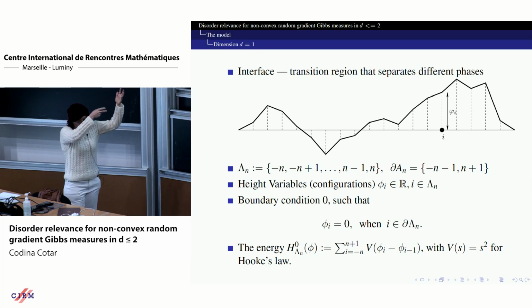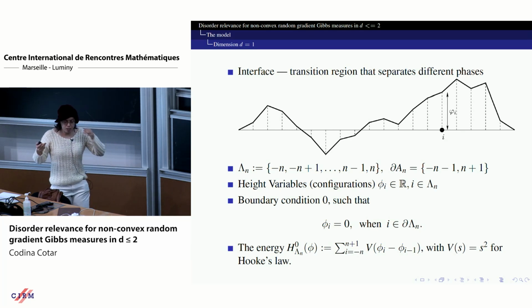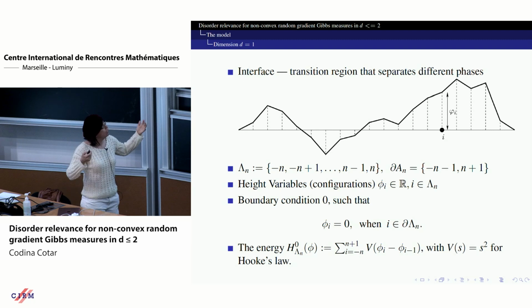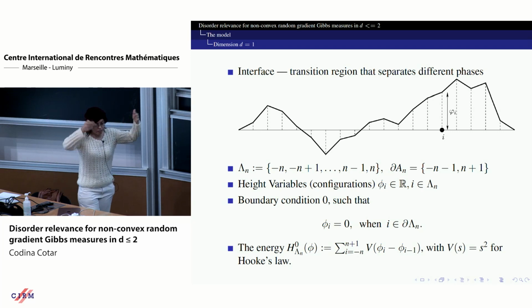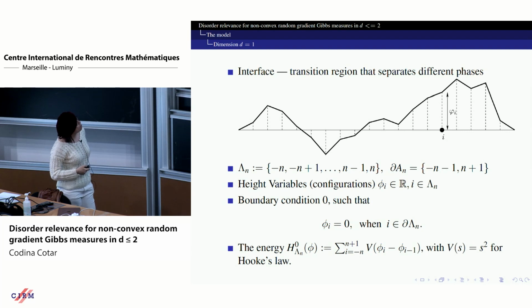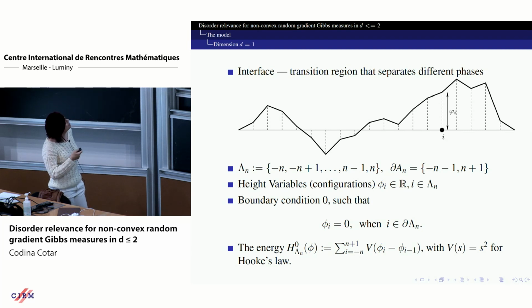For most of my talk, these phi_i will be in R, but some other people, and I will mention this towards the end of my talk, also study the case when phi_i are in R^m for m greater than 1. One favorite boundary condition that people work with for these systems is the zero boundary condition.